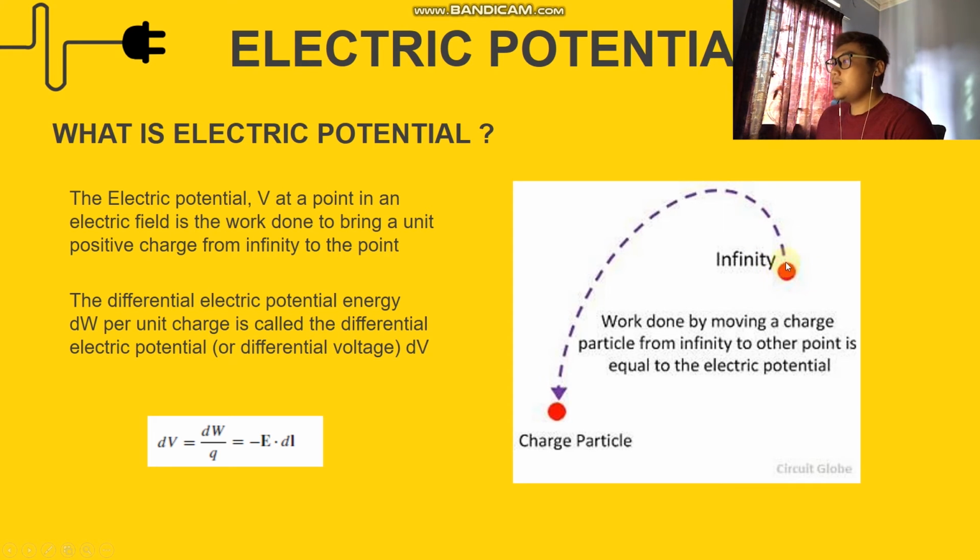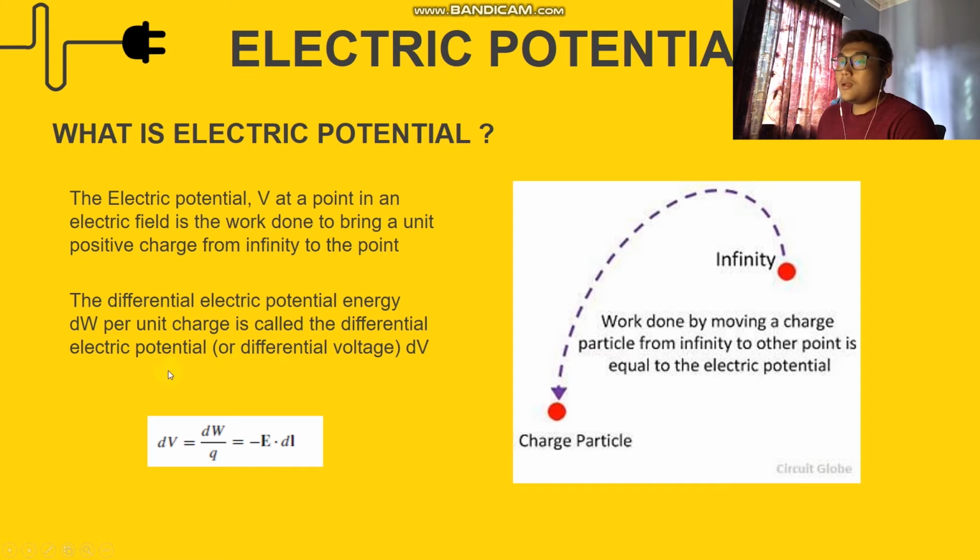The charged particle will move into the electric field and go to some point, let's say point X. The charged particle at point X, we call it the electric potential. And the moving part, or the line path of the charged particle, we call it the electric potential energy.